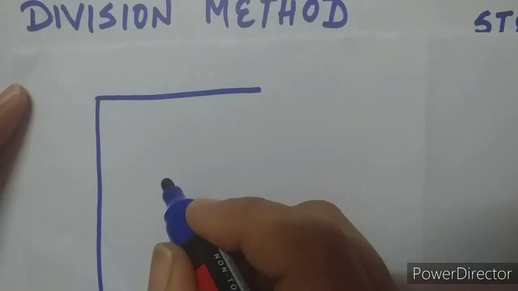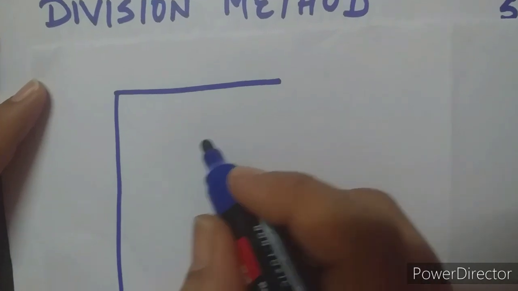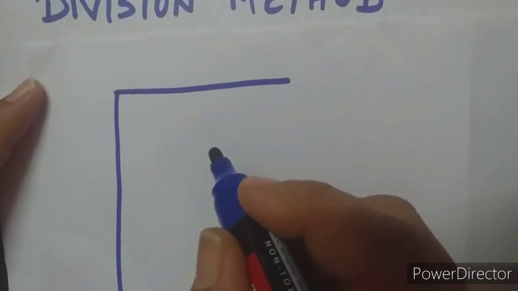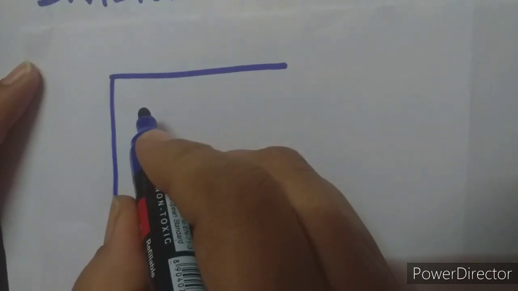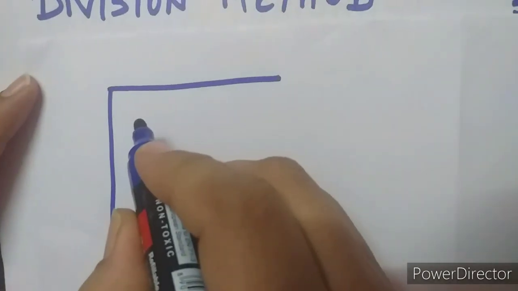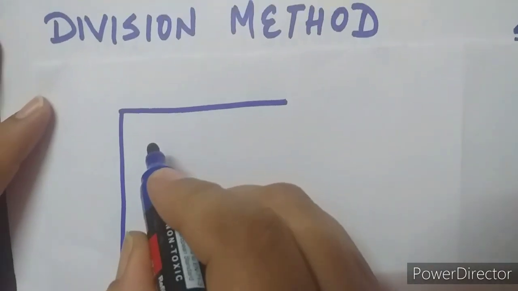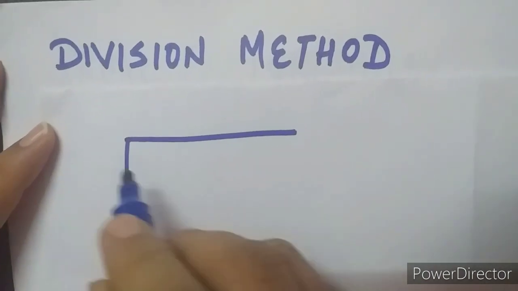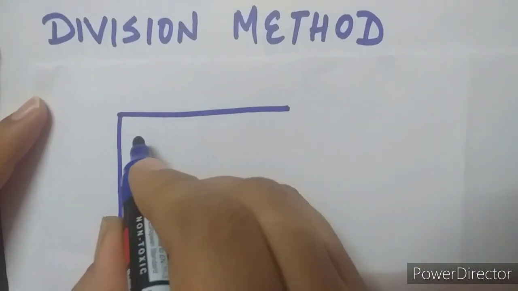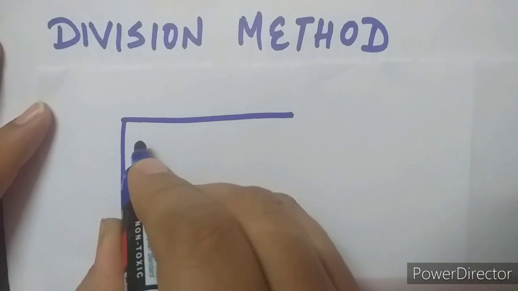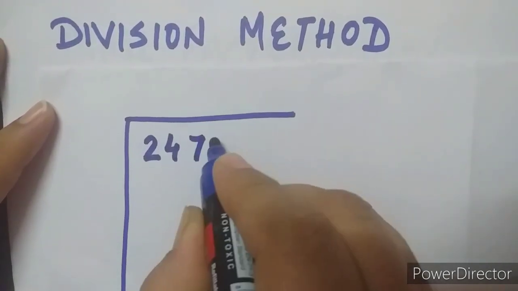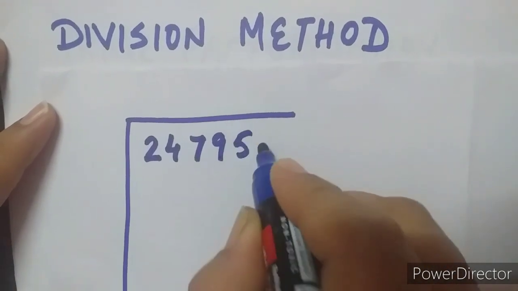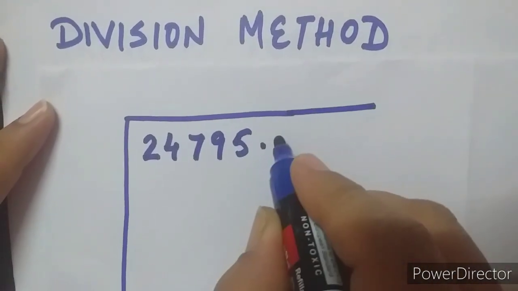Now, in the division method there is a very important point to be seen. I will not solve the full sum for you, but I want to give information regarding the decimal number. Suppose you are asked to find the square root of a number like this: 24795 decimal 5943 and 10 also. It is only an example of a big number.